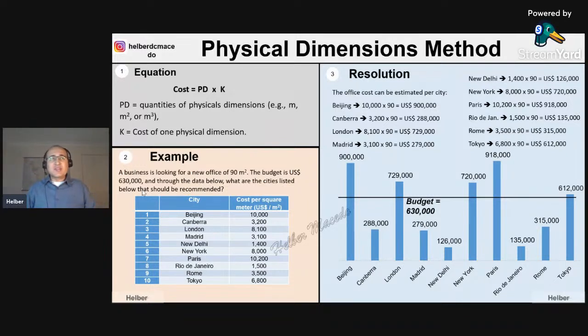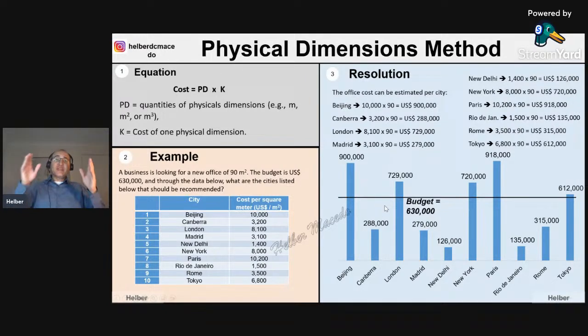So in this case it is simple. Per region, per city, they will multiply the factor by the area. They will do this, for example, for London. They know the factor is 8,100. They multiply by the area and they see the total cost for that location.